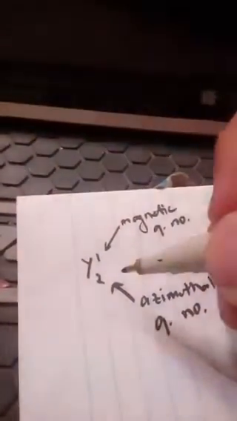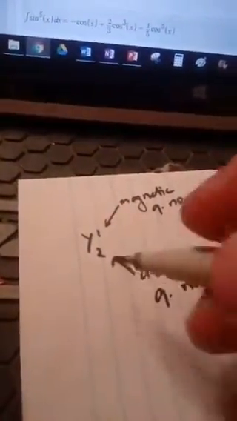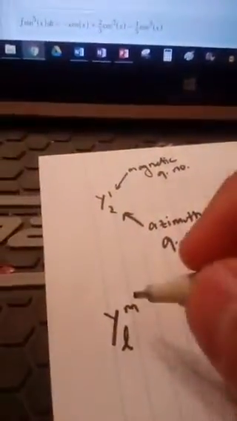Now we're going to start unpacking this whole equation. Y 1, 2 happens to be this. Y has the magnetic quantum number, and here is the azimuthal quantum number. The general equation is for both angles, theta and phi. Remember that this wave is a 3D wave, and you can imagine a donut.